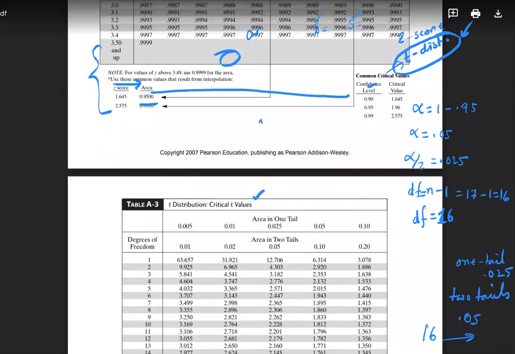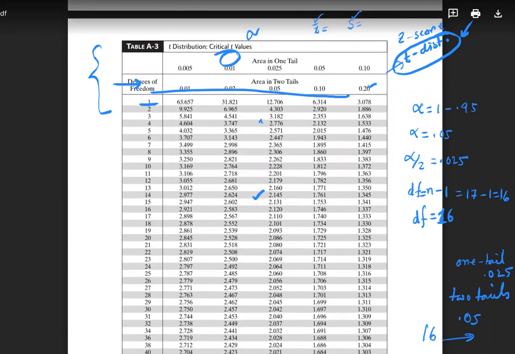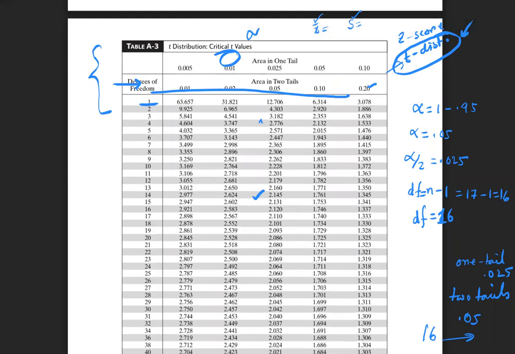Okay, student distribution, this column, 16, 2.12.